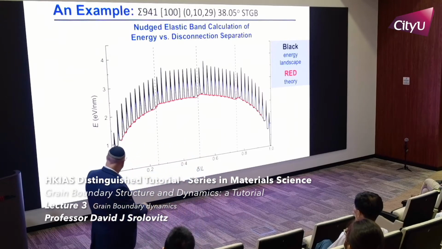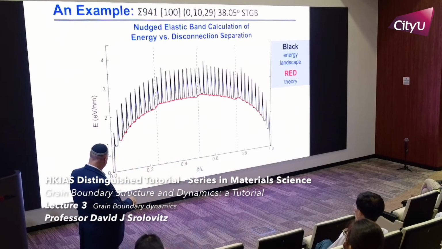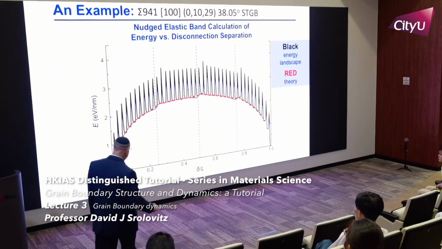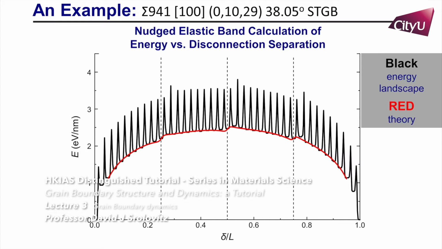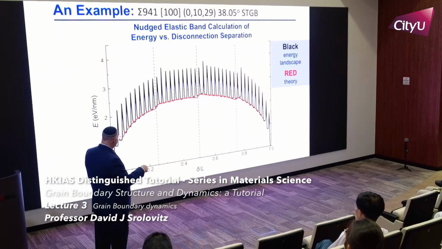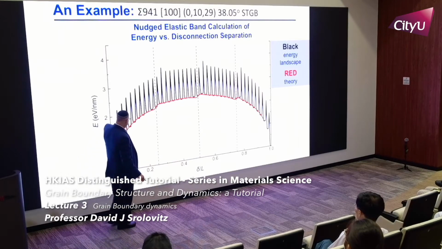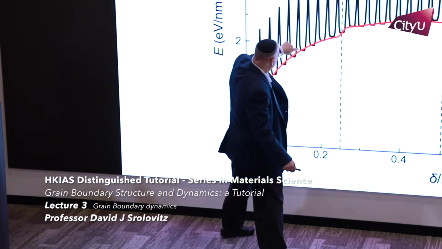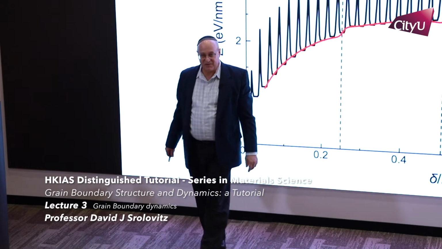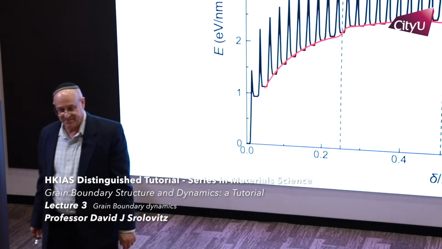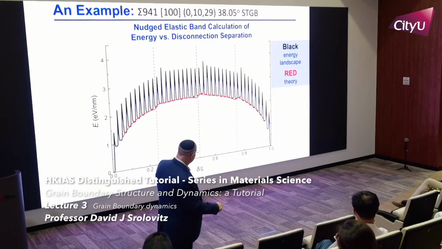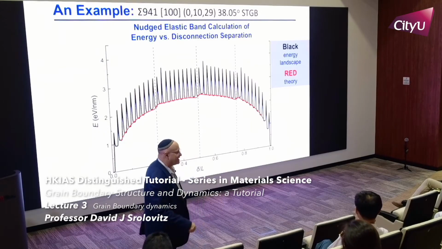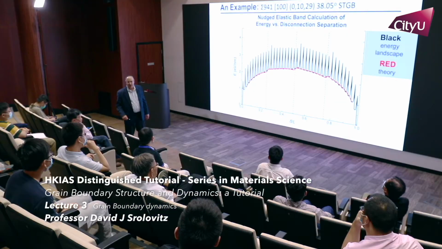But if I look at the energy of this grain boundary as a function of separation of the disconnections, I have this red curve, and superimposed on that, I have this black curve. This black curve is the actual energy as a function of separation. The height here, that's the Peierls barrier for the disconnection. The red curve here is telling me what the nucleation barrier, the formation barrier, is, the way I did it before.